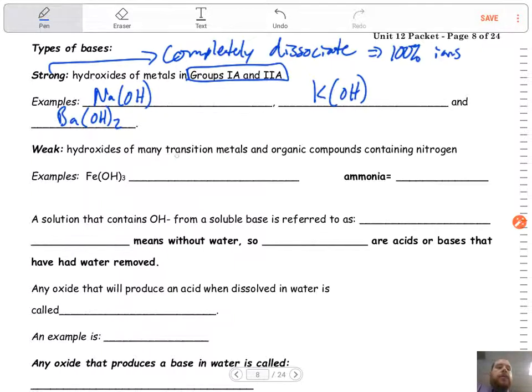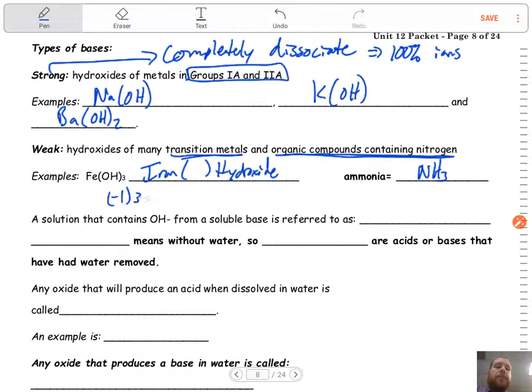Weak bases are going to be the ones with transition metals and organic compounds containing nitrogen. So ammonia would be that example. This would be iron something hydroxide. What's the charge on hydroxides? A -1. So -1 times 3. Total of -3 charge. That means iron has to be 3. Okay.